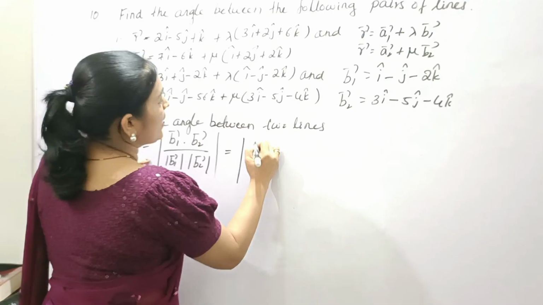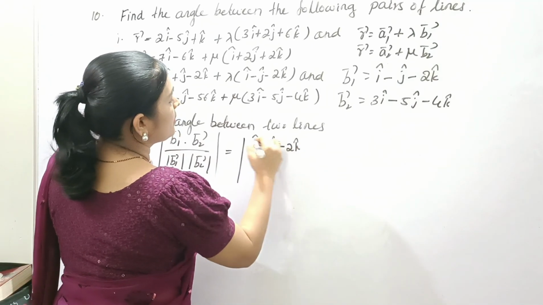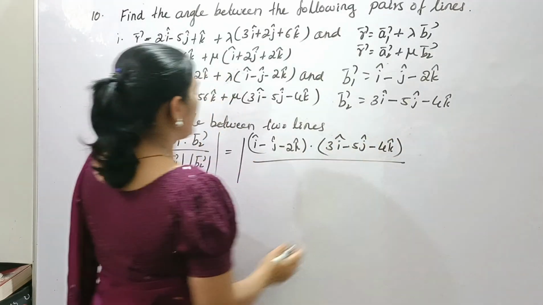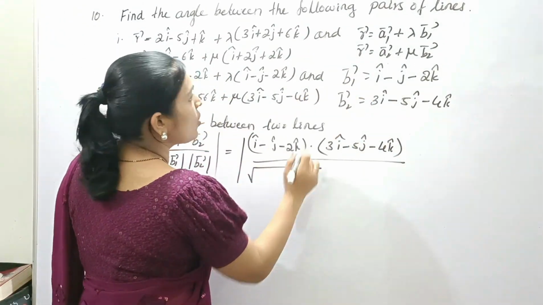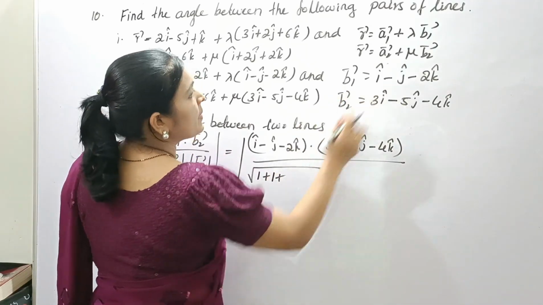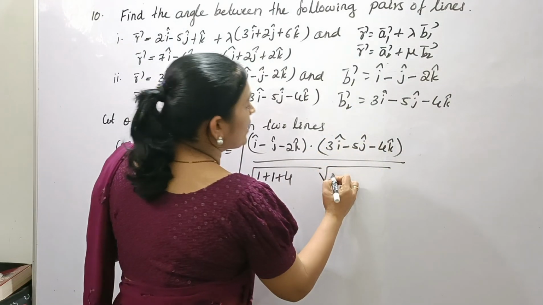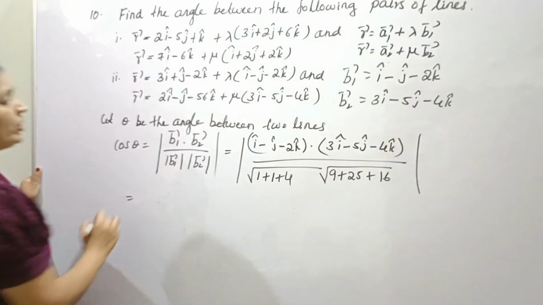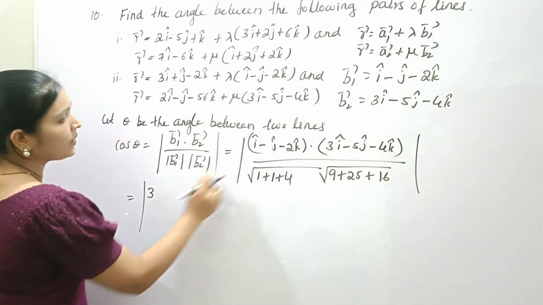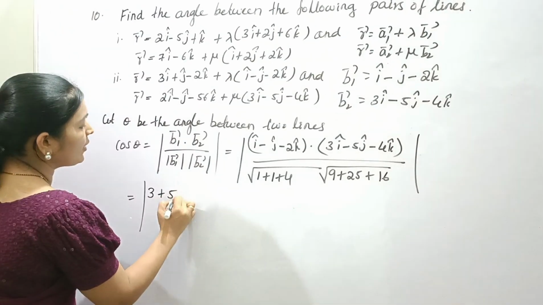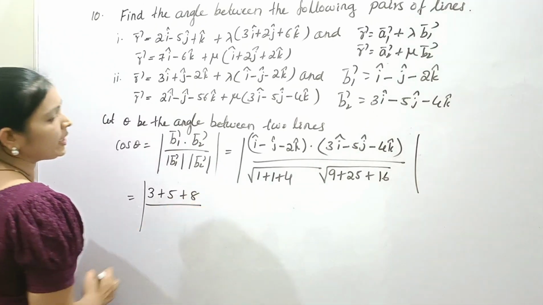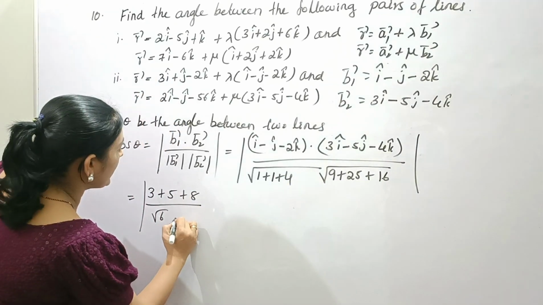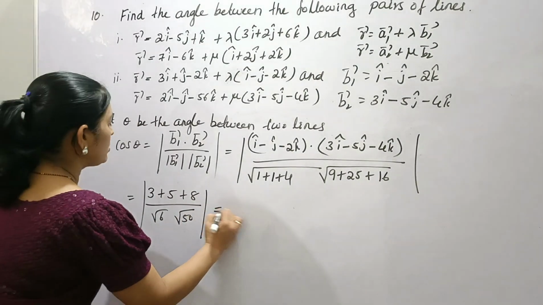That is modulus of (i minus j minus 2k) dot (3i minus 5j minus 4k) divided by the square root of 1 squared plus (minus 1) squared plus (minus 2) squared, which is 4, into the root of 3 squared, 9, plus (minus 5) squared, 25, plus (minus 4) squared, 16. The numerator is 1 into 3, 3, minus 1 into minus 5, plus 5, minus 2 into minus 4, plus 8, which is 16. The denominator is root of 1 plus 1, 2, plus 4, 6, into root of 9 plus 25 plus 16, which is root 50.